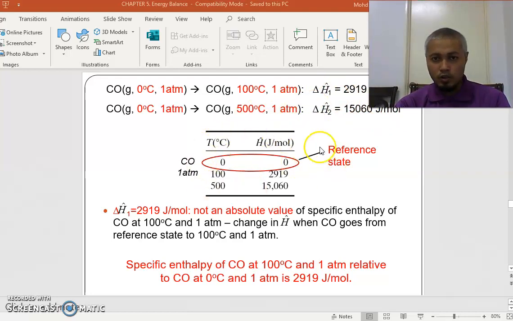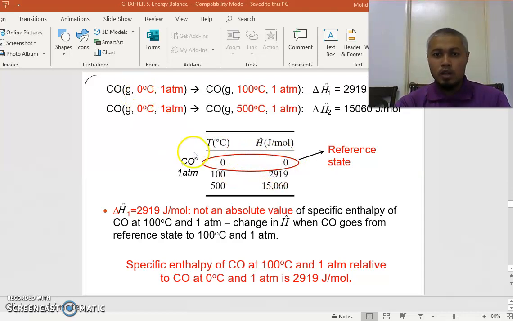We need to refer to this table, where at 0 degrees C it gives 0 joule per mole. So this will be the reference state for this system.